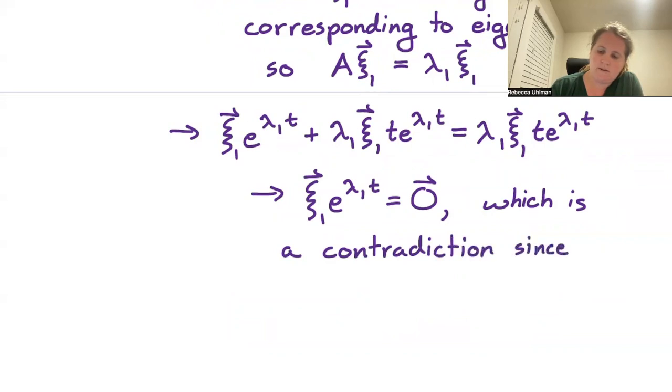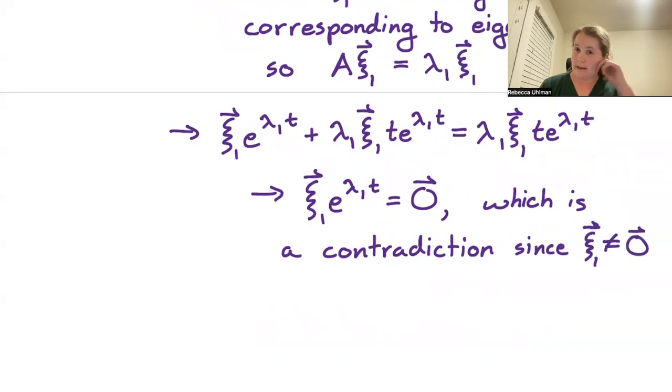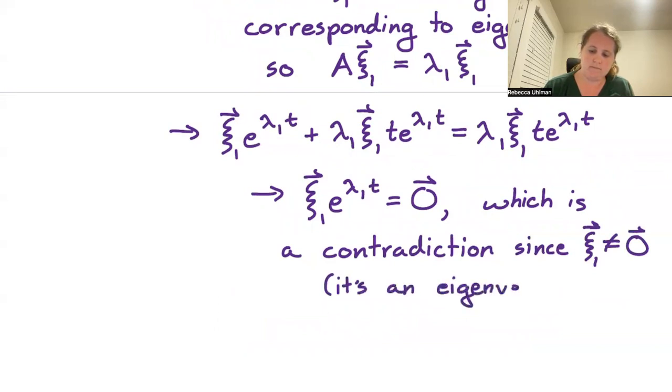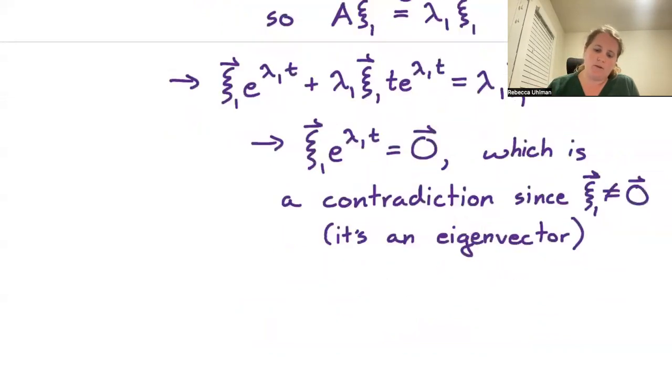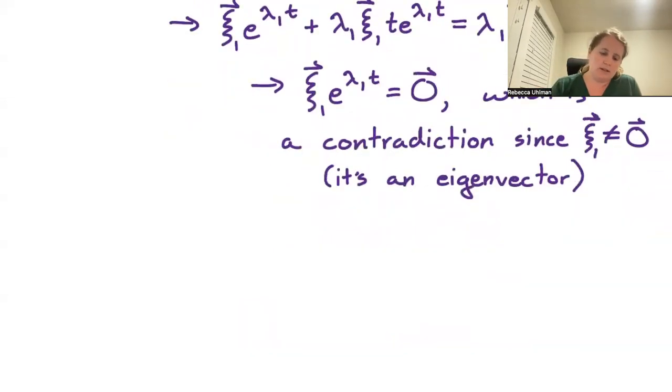Since psi 1 is not the zero vector. It's an eigenvector, right? So what this means then is that t times y1 does not work. So let's now do a slight modification.